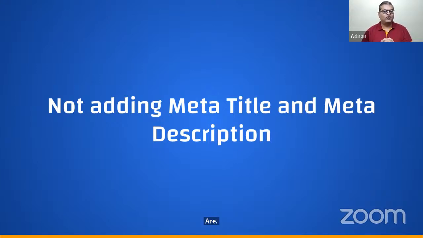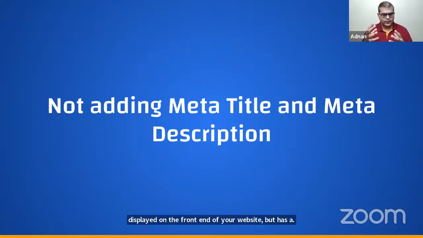It is an extremely important piece of information that you should add. It is not displayed on the front end of your website, but has a big impact on how the search engine is indexing your information and how it is going to present the information when someone is looking for your product or services. So that's where it is crucial that you should add meta title and meta description.